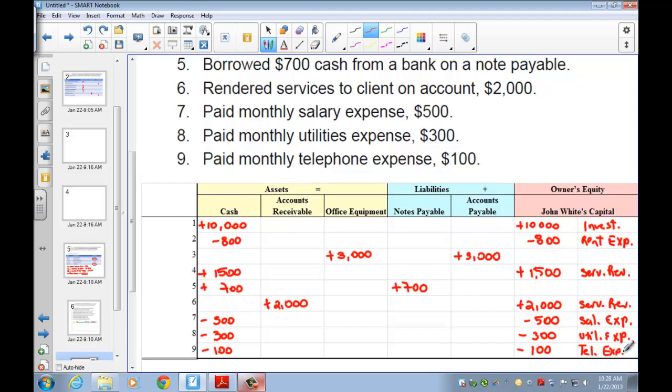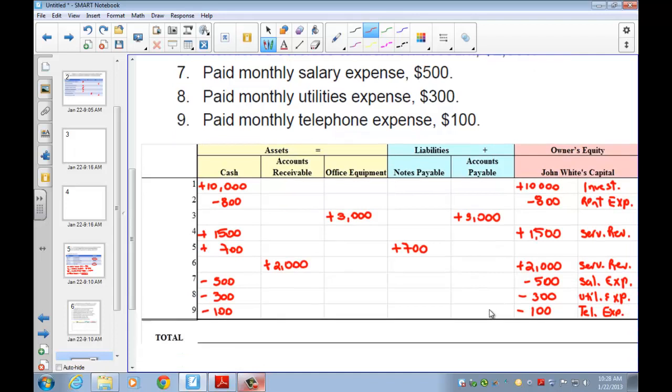Notice here that every transaction on the left-hand side of the equation is also mirrored by transactions on the right-hand side. So now what we do is we add all of these and put the total at the bottom.